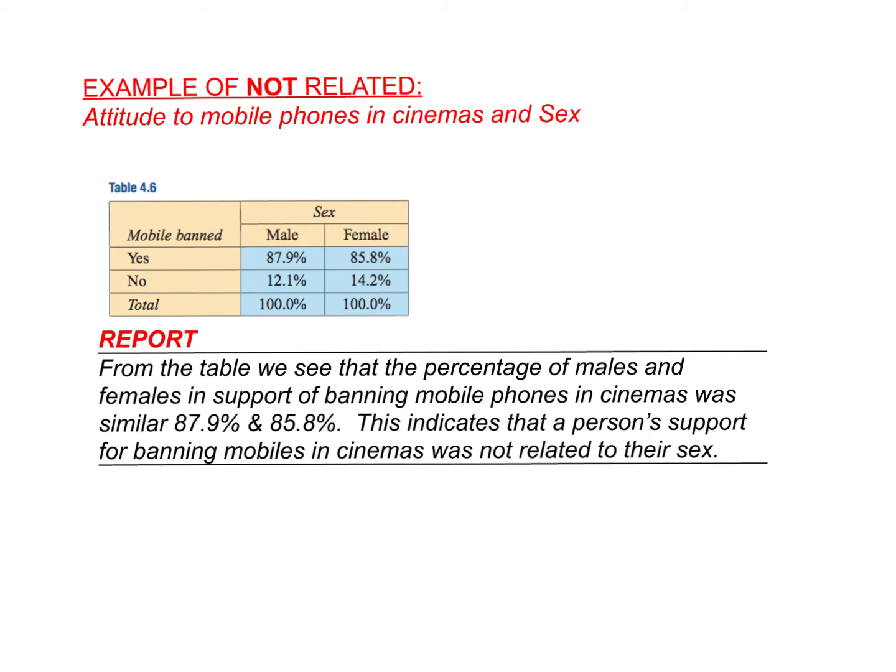All right, so here's an example of when it doesn't differ. So they went into a cinema and they looked at attitude to having mobile phones turned on in the cinema. So once again, the sex would be the explanatory variable, and their attitude to having mobiles banned in cinemas would be the response.